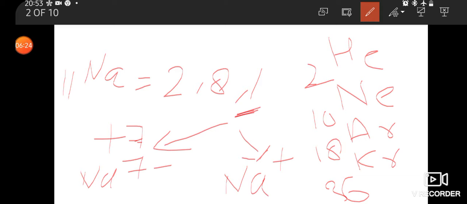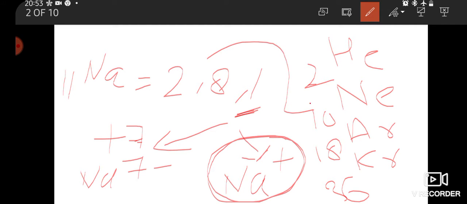So sodium follows this rule, meaning sodium converts to a sodium ion with the nearest electronic configuration, like neon.